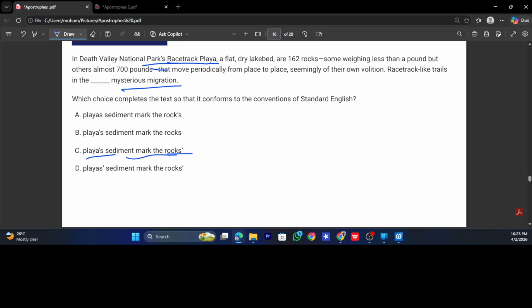And A is incorrect because the context requires the singular possessive noun layer's and plural possessive noun rocks', not the plural noun layers. Okay. B is also incorrect because it requires the plural possessive noun rocks', not the plural noun rocks.